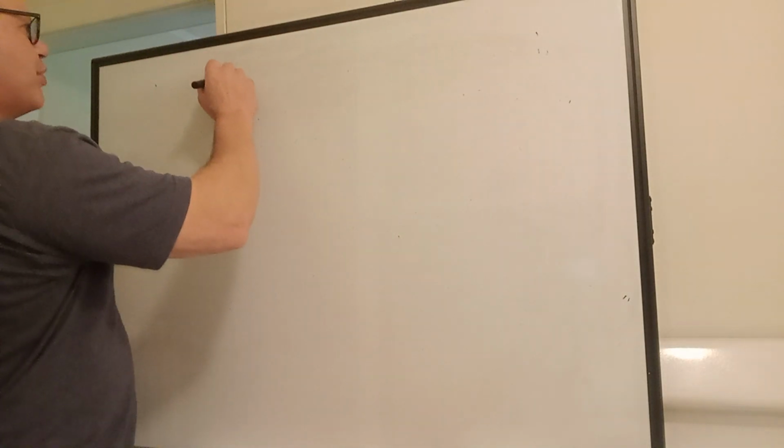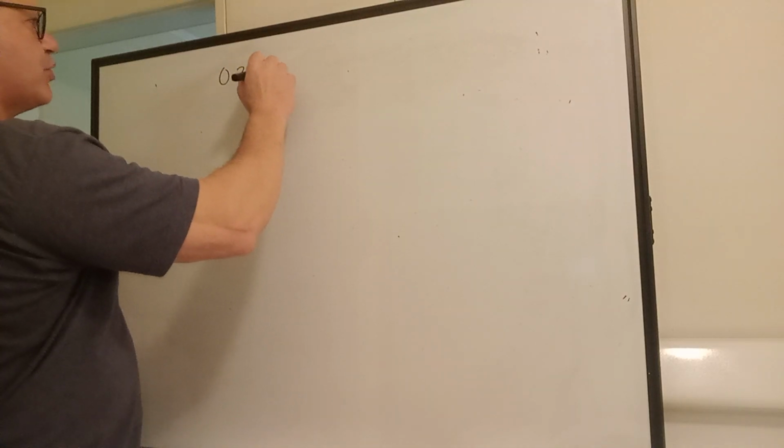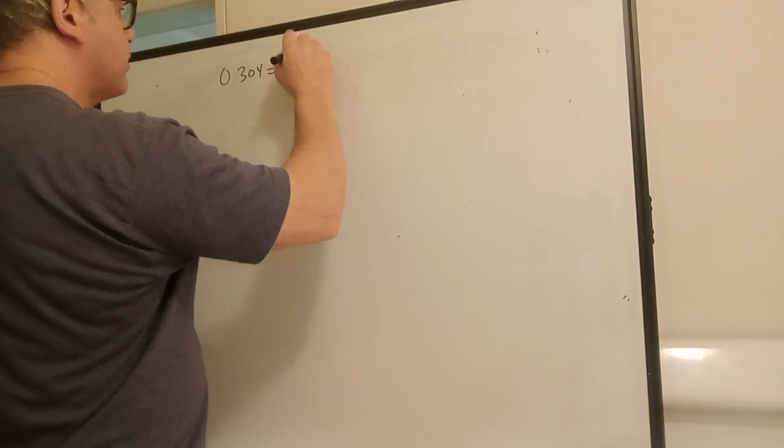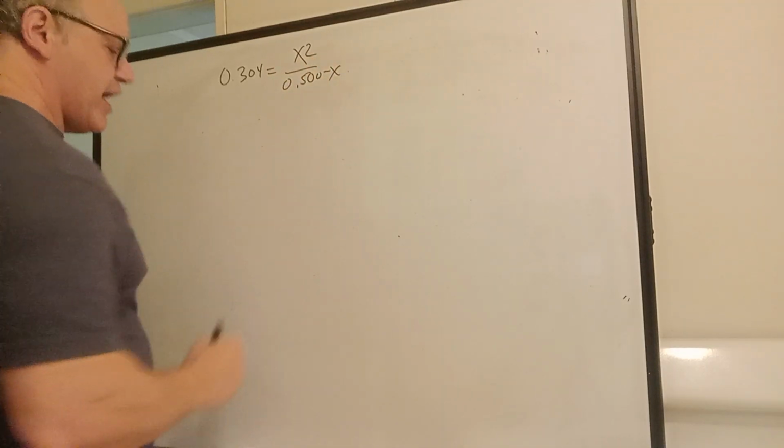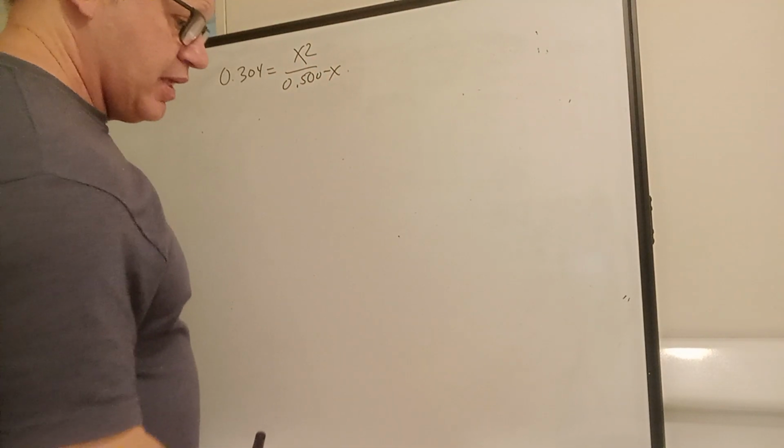So we have the algebra set up. I'll just write it again. We have 0.304 equals x squared over 0.500 minus x. Now you're basically setting it up.